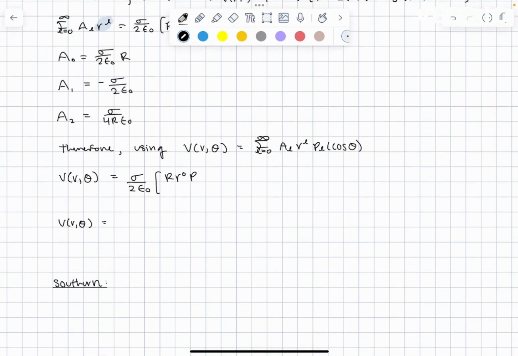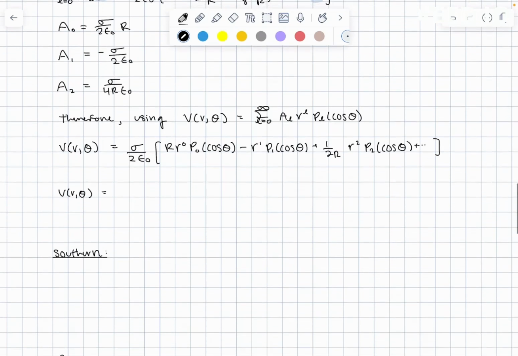Our Legendre polynomial 0 of cos theta, now minus R to the 1 P1 of cos theta, and then plus 1/2 over R squared, little r squared, P2 of cos theta.